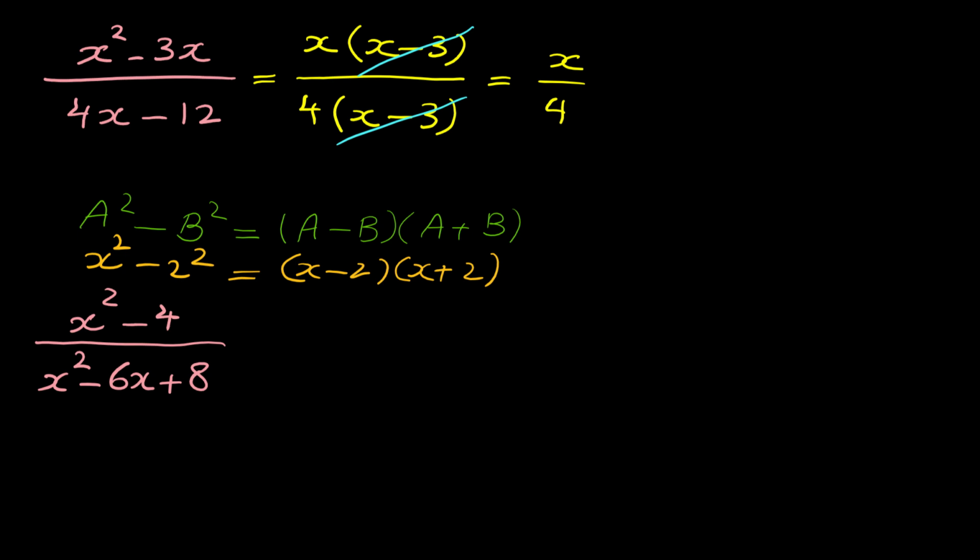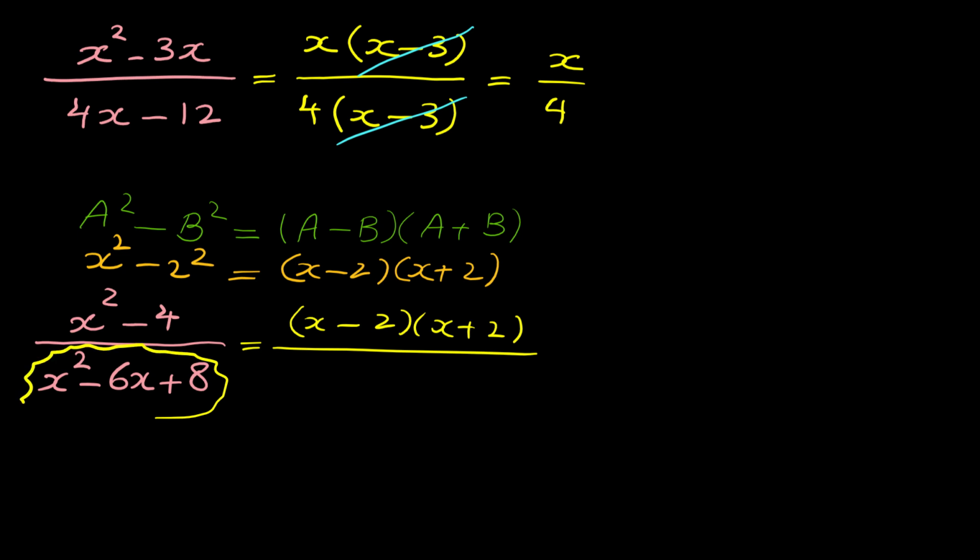So for factoring the numerator, we use this identity, and then we have x minus 2 times x plus 2 in the numerator. What about the denominator? In the denominator, first we check for a common factor, but we don't have any common factor between 8, 6x and x to the 2. So we have to try to factor this as a trinomial.